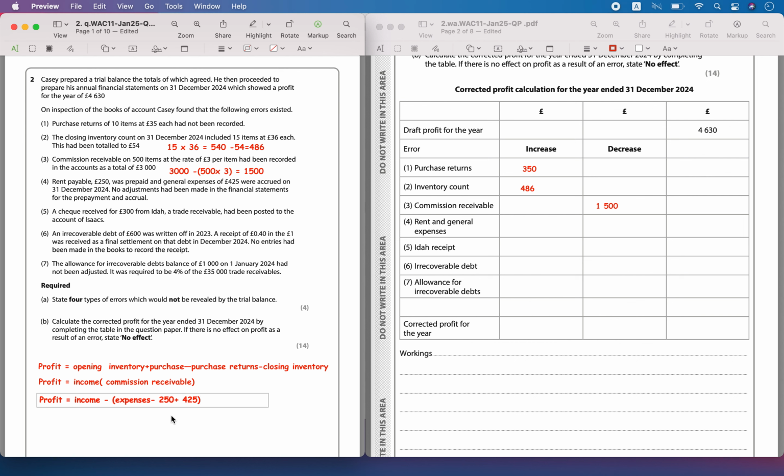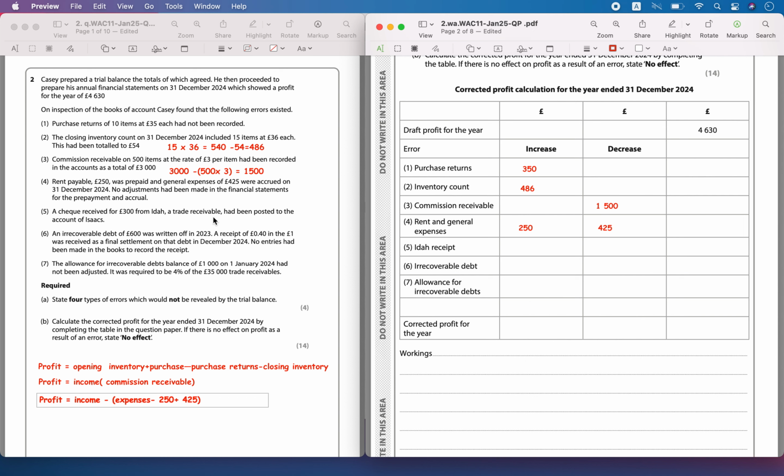So a decrease in expense of 250 will increase profit, and an increase in expense of 425 is going to decrease the profit by the same amount.